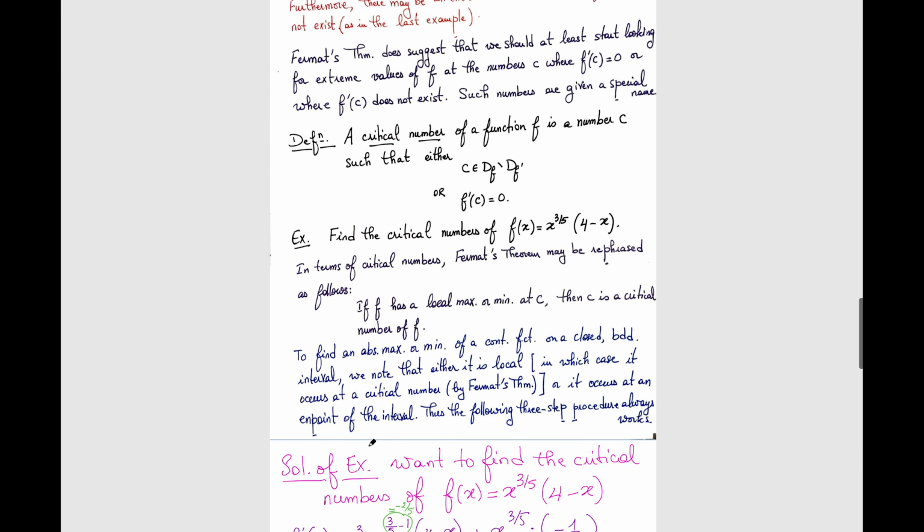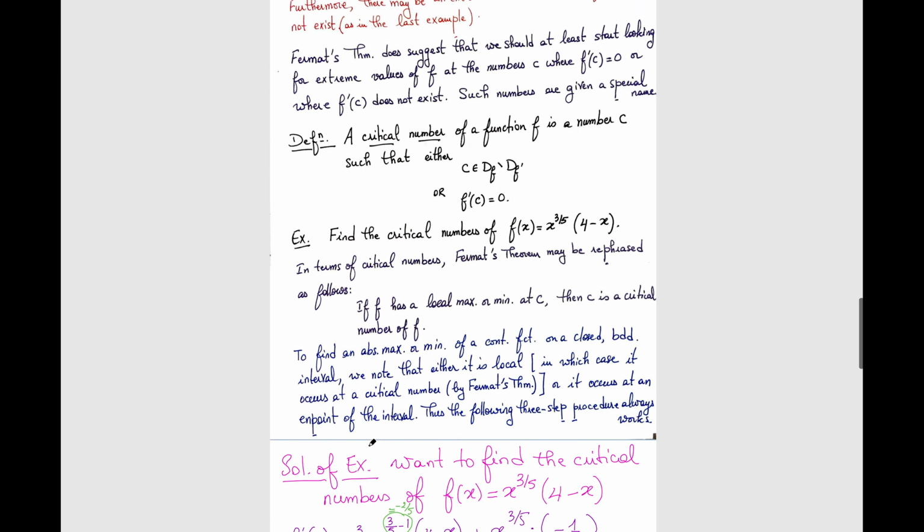And these are going to be the absolute minimum and absolute maximum. If you put this hand in hand with Fermat's theorem now, what does Fermat's theorem say? Either you can read this or you can read that, right? This one. If the function has a local maximum or local minimum at C, then this is going to occur at the critical number. So how can we put them together? Fermat's theorem and the extreme value theorem.